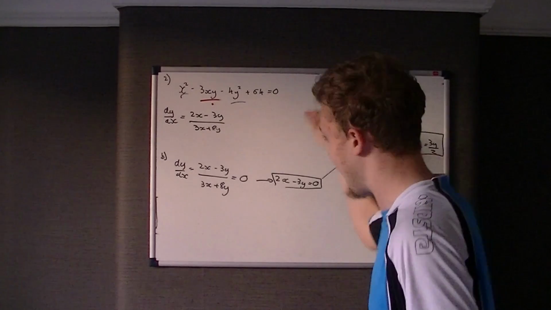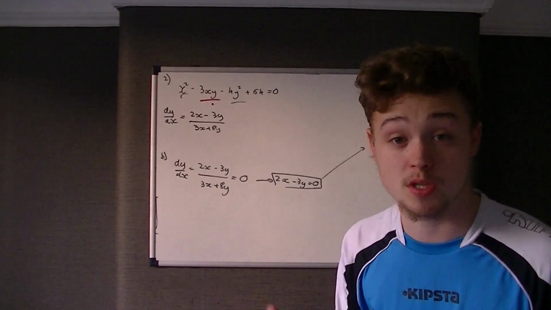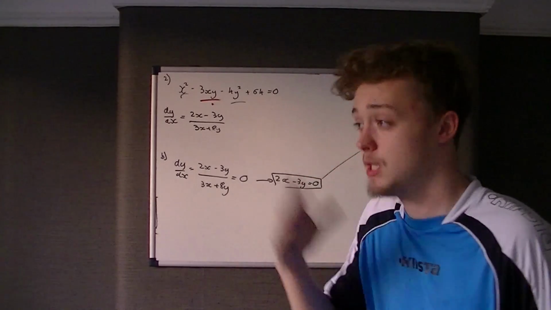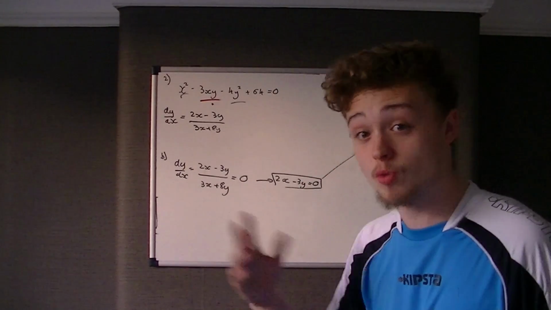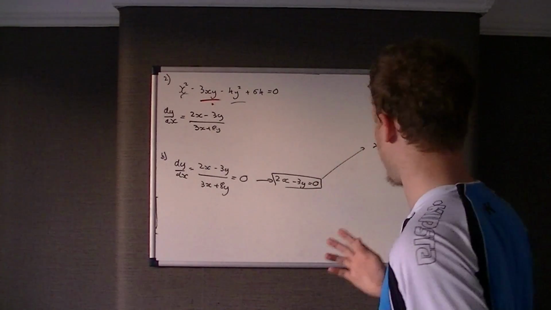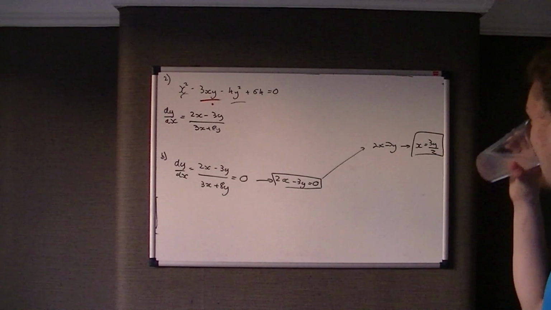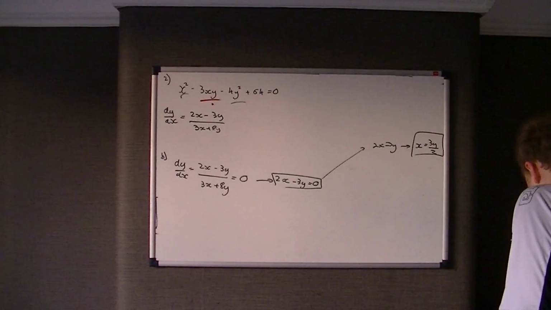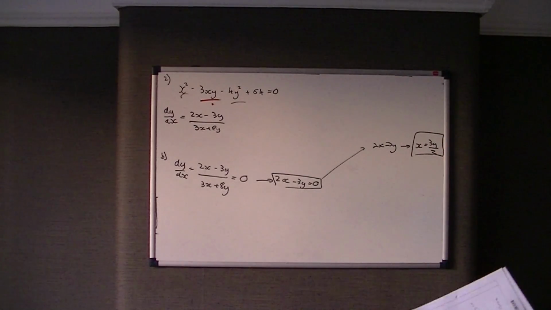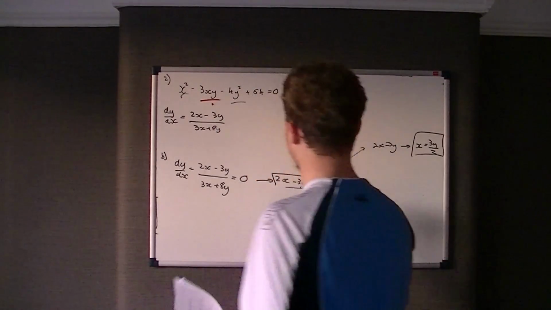So we need to sub x into that, which is equal to 3y/2, because that's the coordinate of x in terms of y where the gradient is equal to 0. So we sub x to be 3y/2 into the equation of the curve. Now it is going to look a little bit messy, but there's nothing wrong with that.